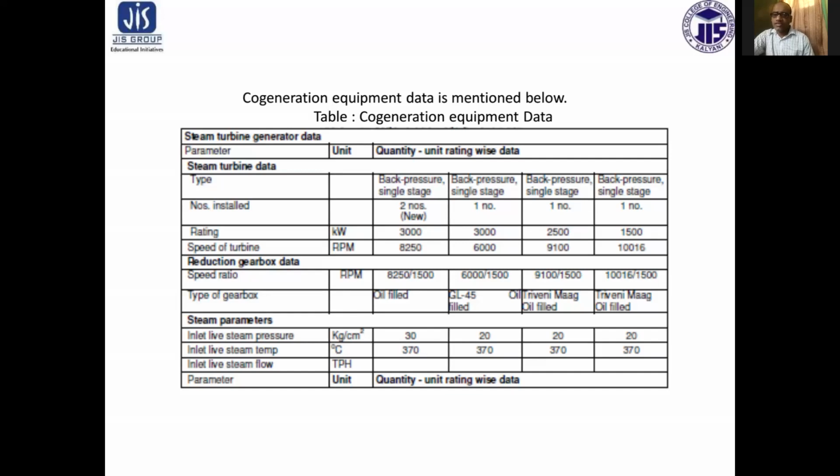This type of gearbox is oil filled in the first two turbines. In the second set of turbines, the data are also given. The temperature of these turbines is fixed, but the pressure varies.